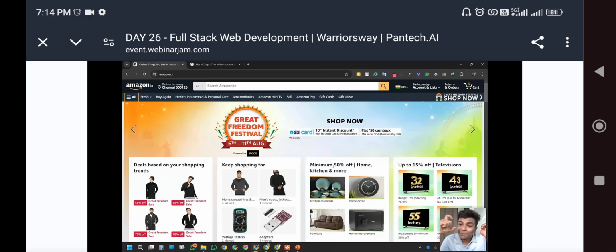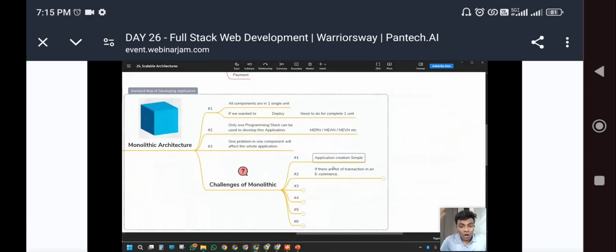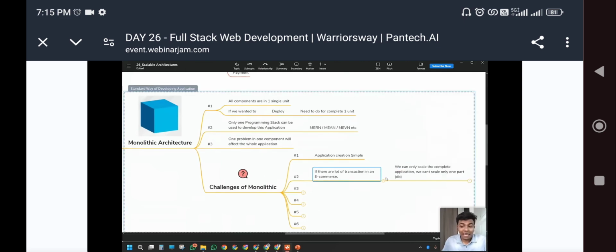I'm talking about one specific component, the customer database, which keeps on increasing. If you want to scale that alone, it might be difficult. So at that time, you need to scale the whole unit. That's the very important disadvantage.